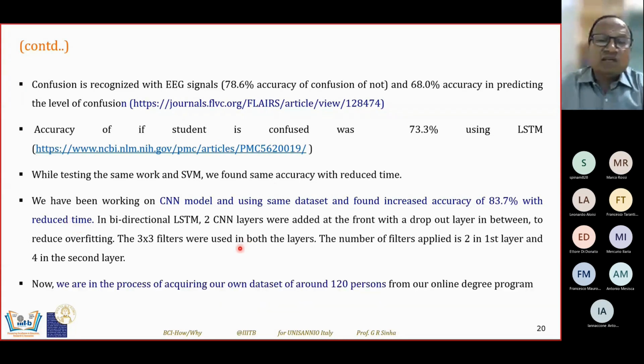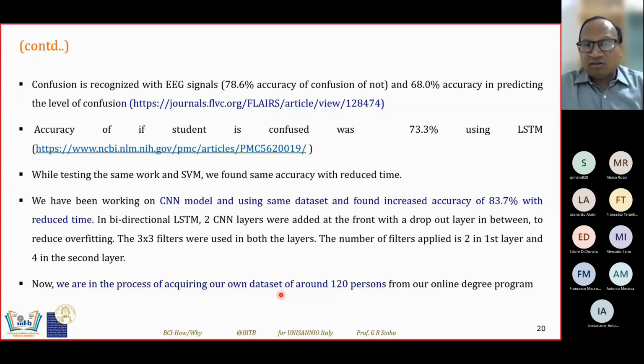What we are trying to do in this area also, because this is a perfect example of BCI, is to understand the brain and to understand the learning outcome, the confusion, critical thinking, all those things we are trying to include. That's a plan. We have not yet started, but we are in the process of acquiring our own data setup of around 120 persons, because this is very important.